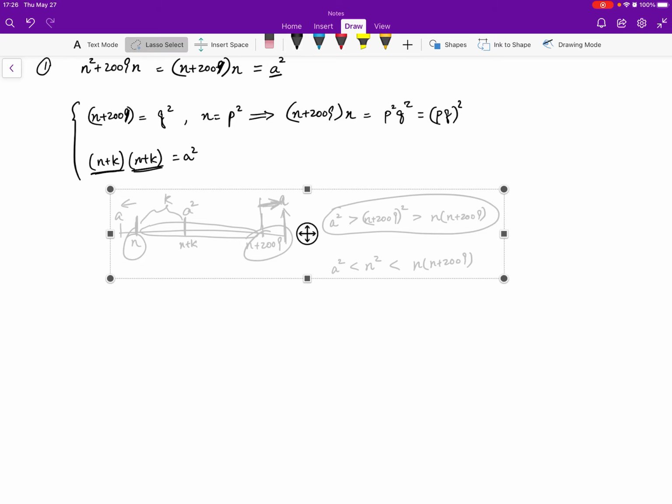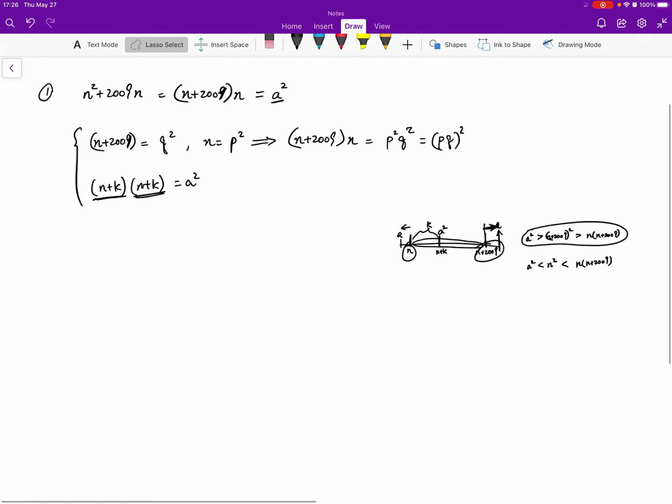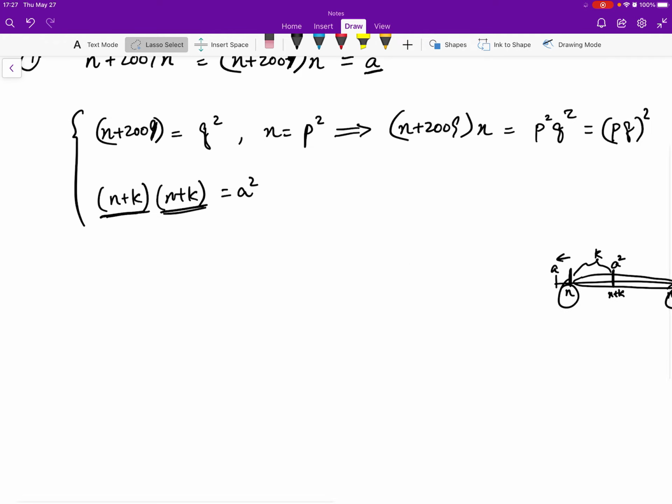Let me just move this aside. And those are the only two cases. Or rather, the first case is actually a more special case of the second. But yeah, n plus k times n plus k equals a squared, and that equals n times n plus 2009.